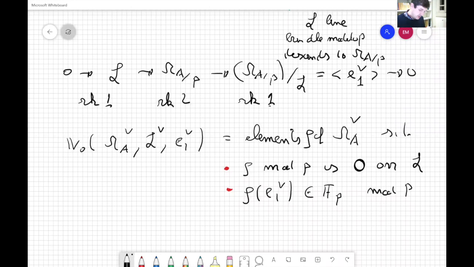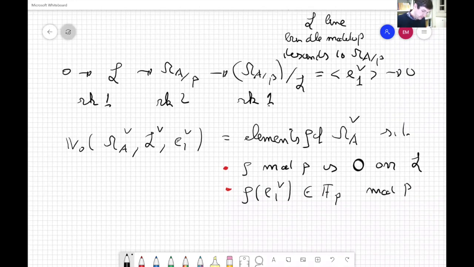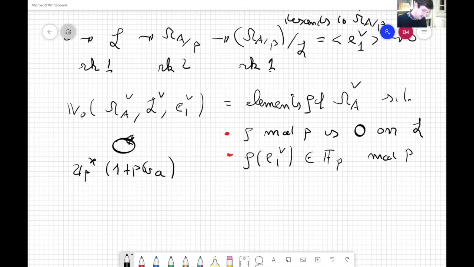Then you see you have an action of GM. In fact, you have an action of ZP star, 1 plus PGA, simply scalar multiplication on omega A dual. And I can define this omega K. Let me add a 0 here, actually, for a reason that will become clear in a moment.